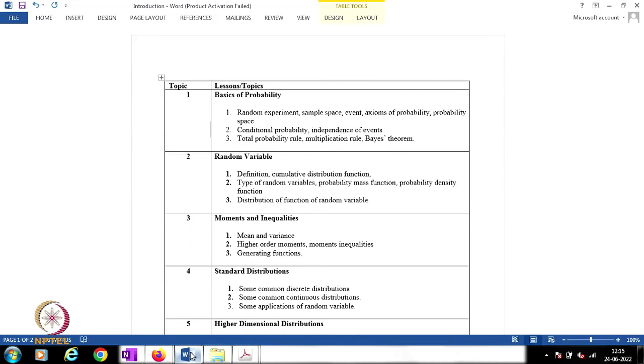We started this course with probability theory, and the first topic is basics of probability. Then the second topic introduces random variable. Even though in school you would have studied some probability concepts and random variables, we started these topics again.